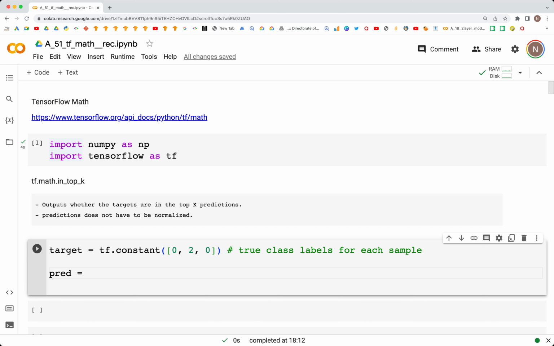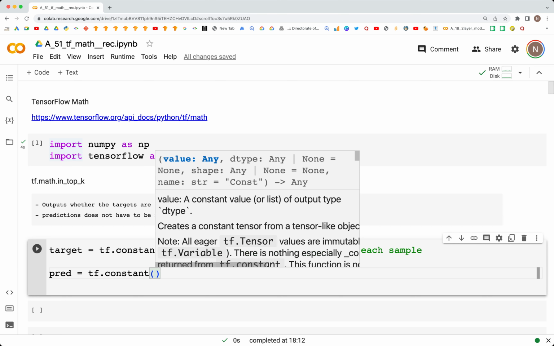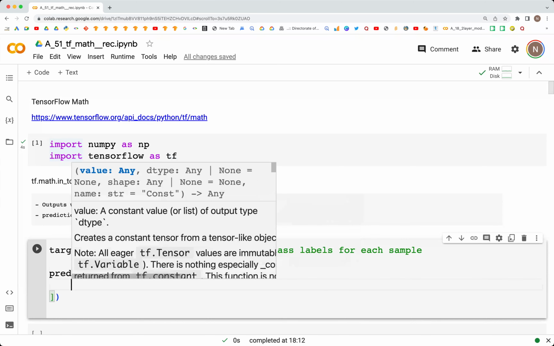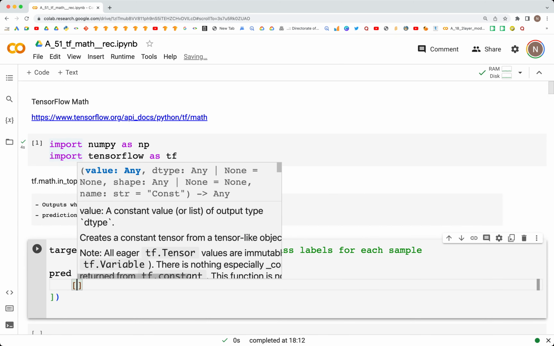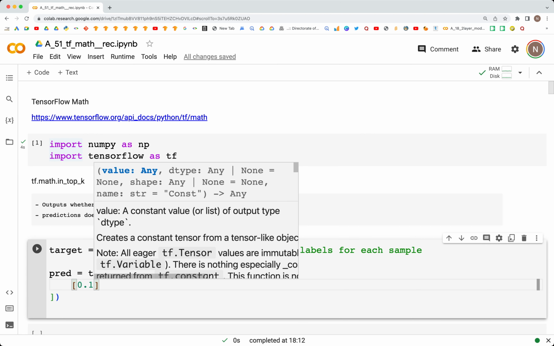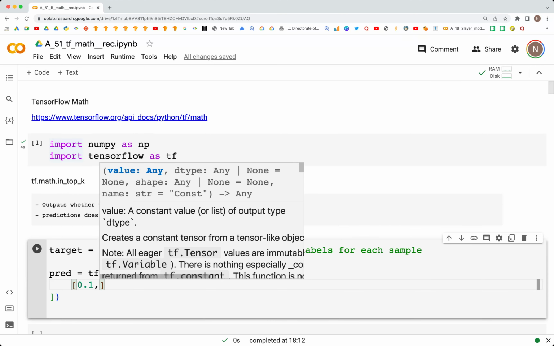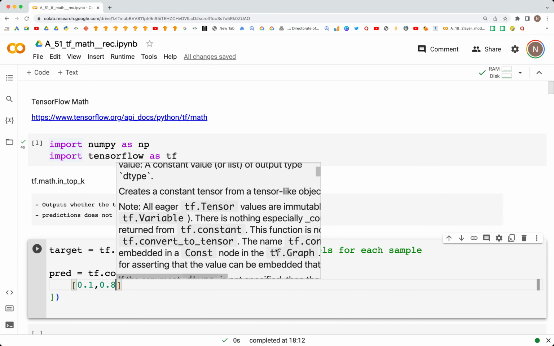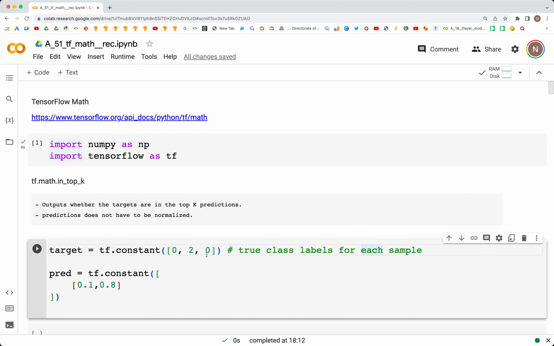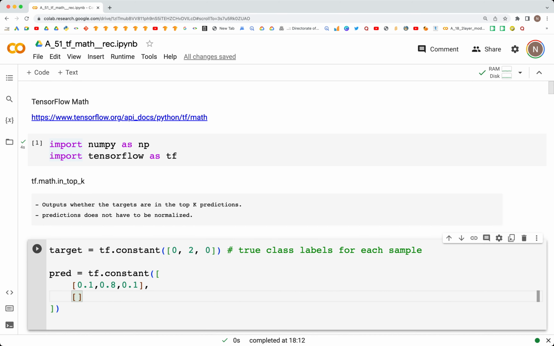Now let's look at the predicted values, tf.constant, and these are going to be values that we have for each row. Now the very first case we have the values 0.1, 0.8, 0.1, and then the next one we have 0.3, 0.2, and 0.5.